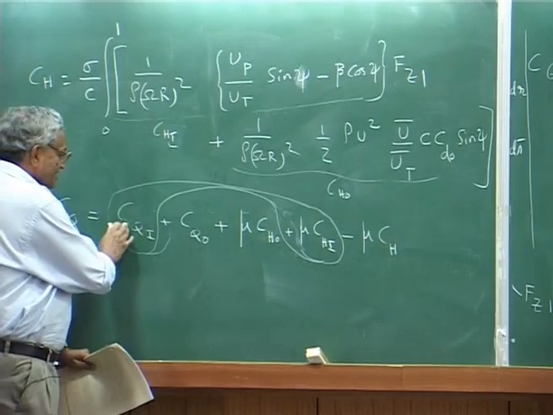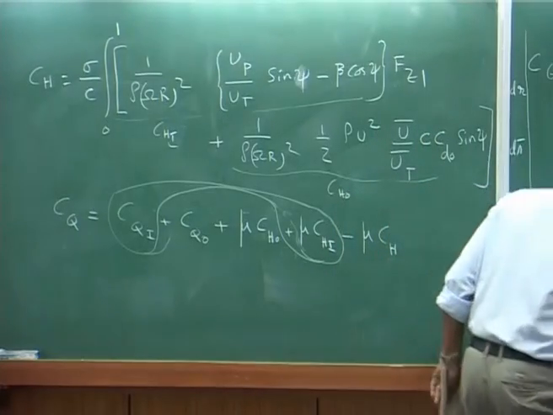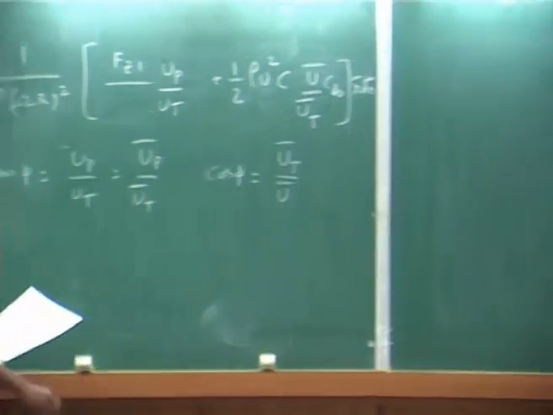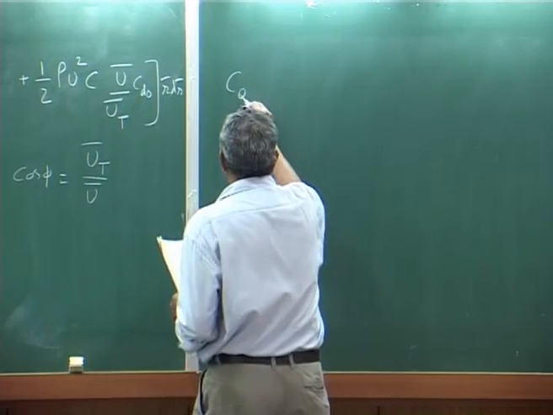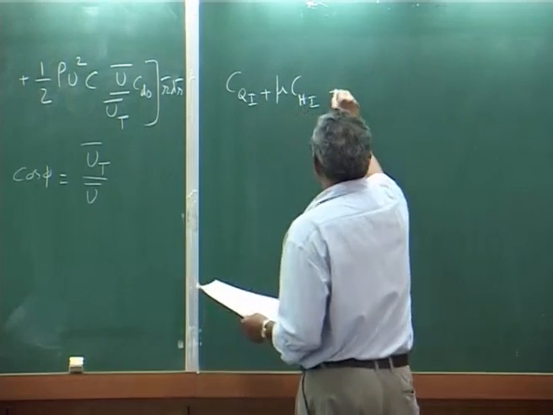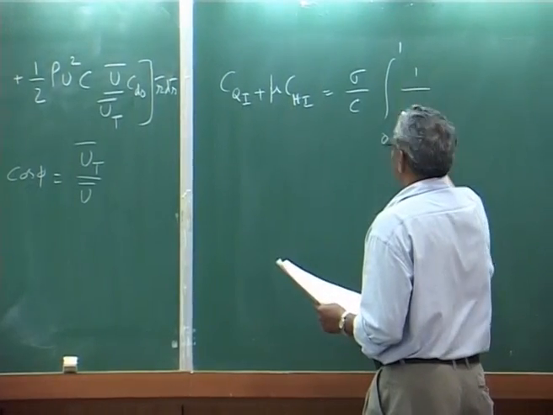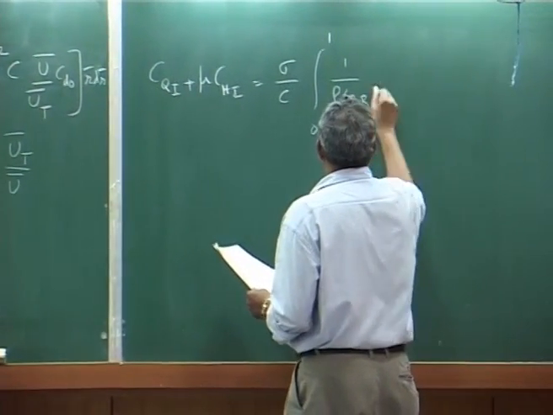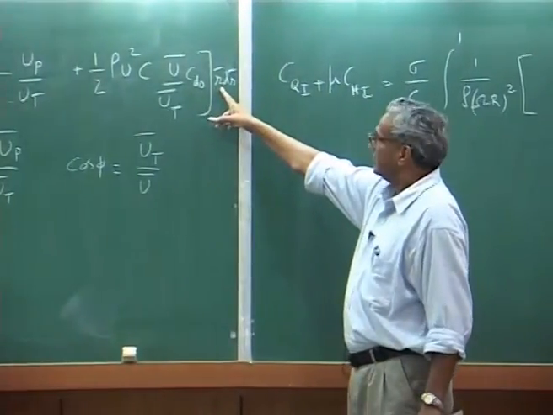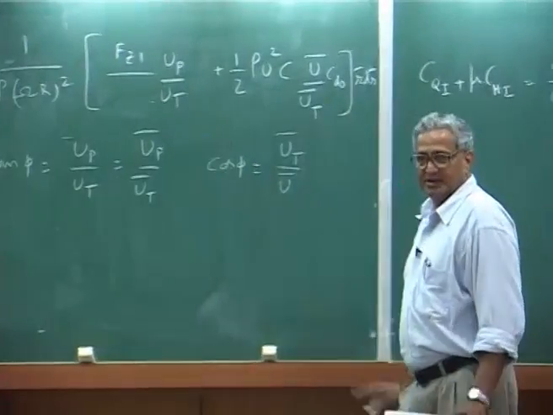When you combine, if you write CQI plus mu CHI, let me go back and then possibly use this. So, we will have CQI plus mu CHI. This is sigma over C, 1 over rho omega r whole square, r bar up ut, or you can write up bar by ut bar.